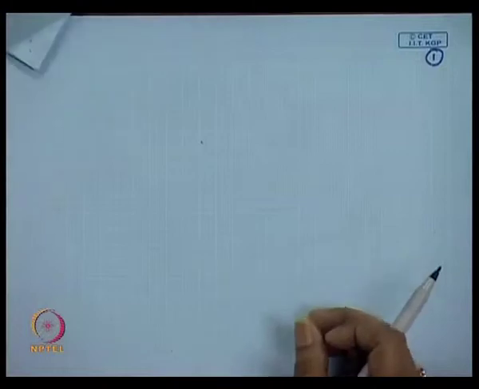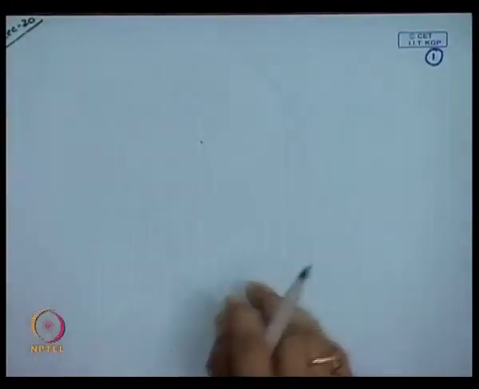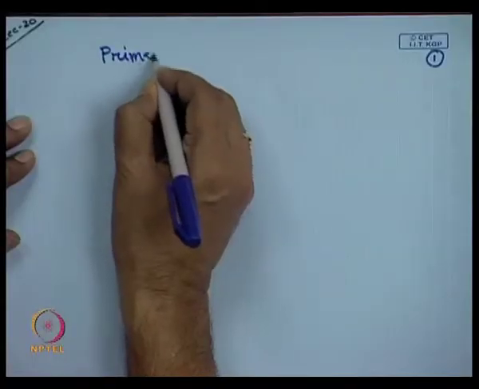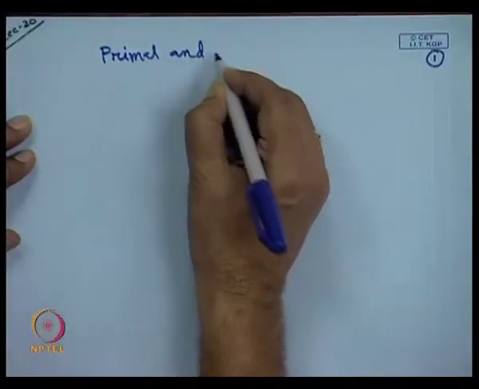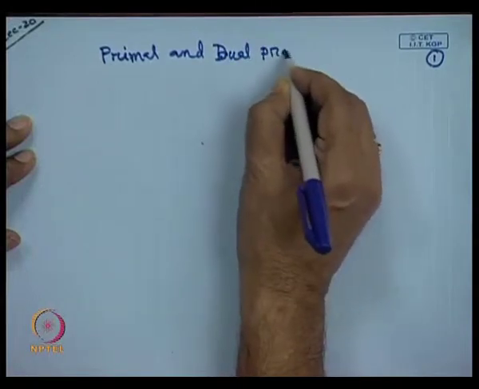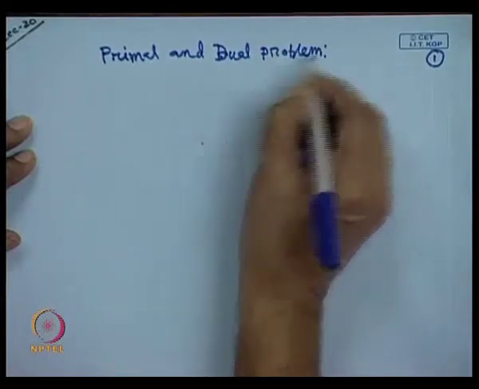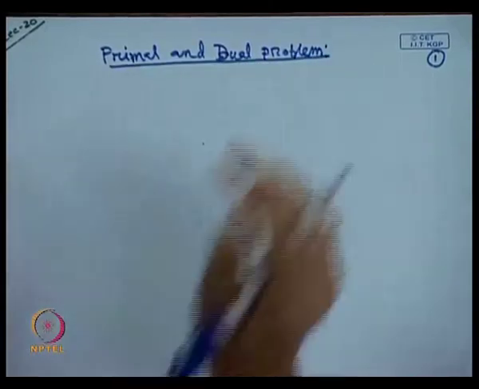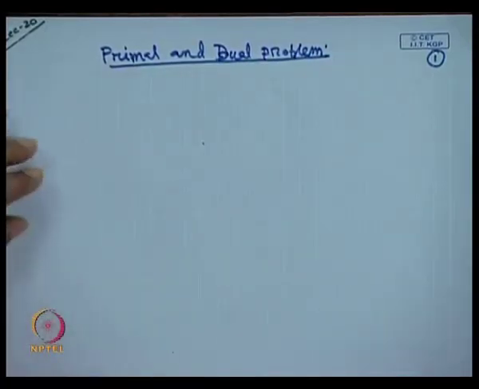So, today we will discuss how we can solve the LP problem by using primal and dual problems, considering the standard primal and dual problems. So, what is a primal problem?